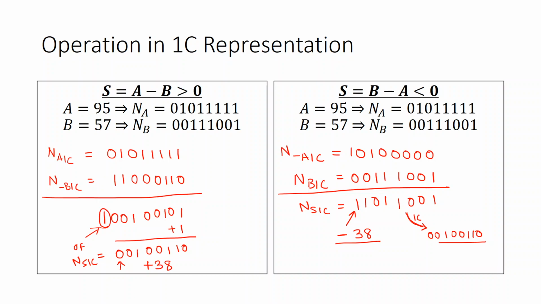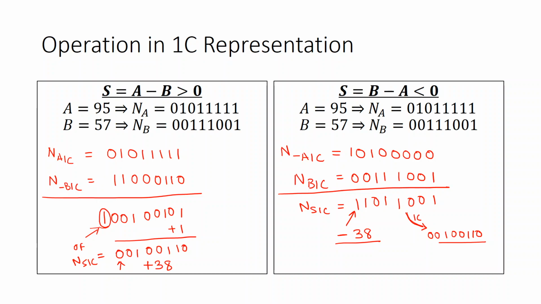Whatever result you get, you first look at whether there is overflow or not. If there is overflow, what to do with it? If you are in 2's complement representation, you discard the overflow. If you are in 1's complement representation, you add the overflow back to the result, and that gives you the final result in the corresponding complement representation system.